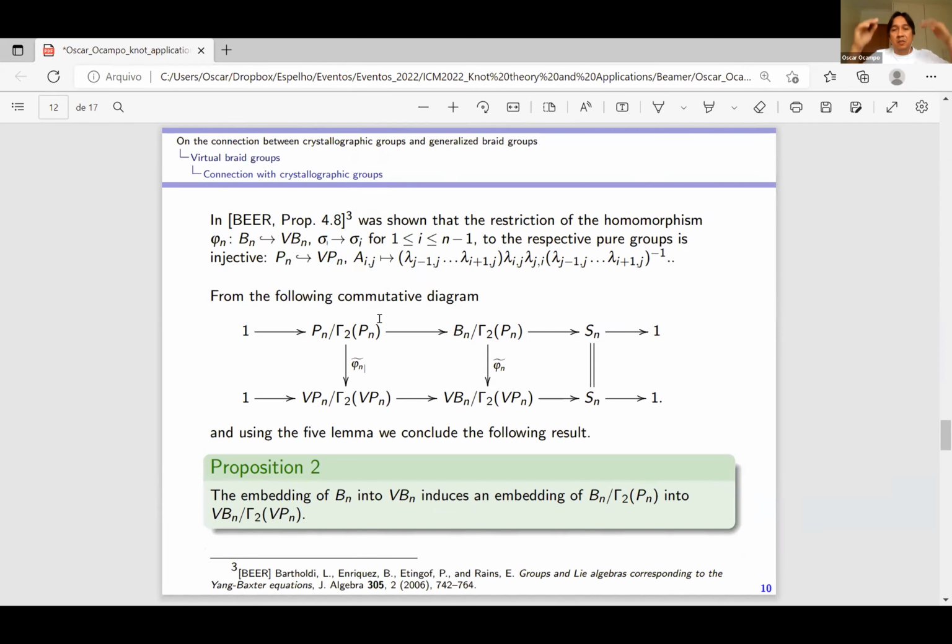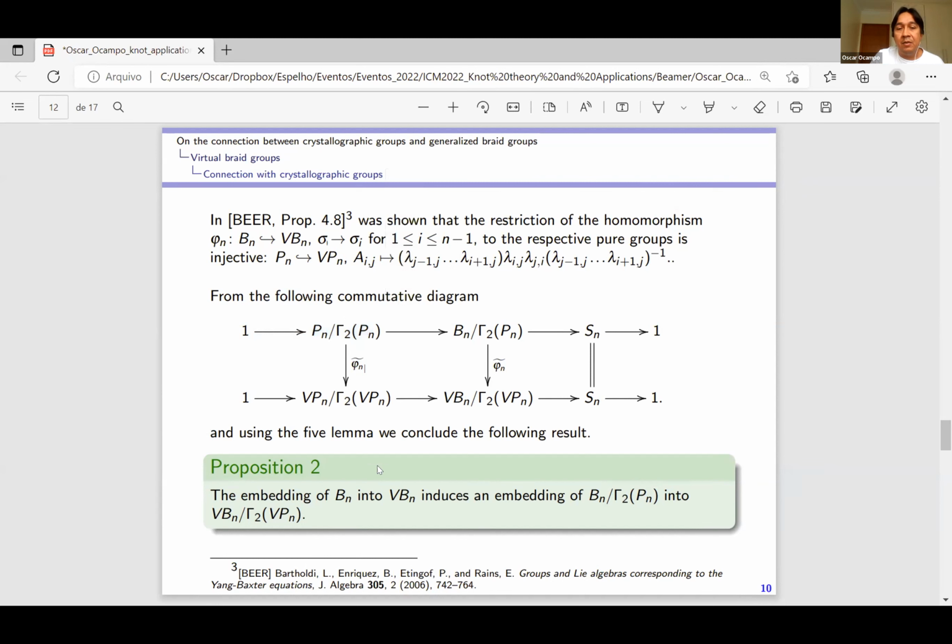So we have the respective quotients. This is the classical case here. Okay. And in the other row, we have the virtual braid part. And so from the result of Bartholdi, we have an injection for the pure part, so for the abelianizations. Okay.